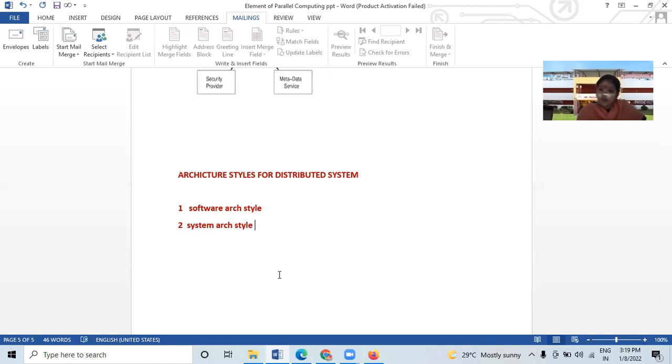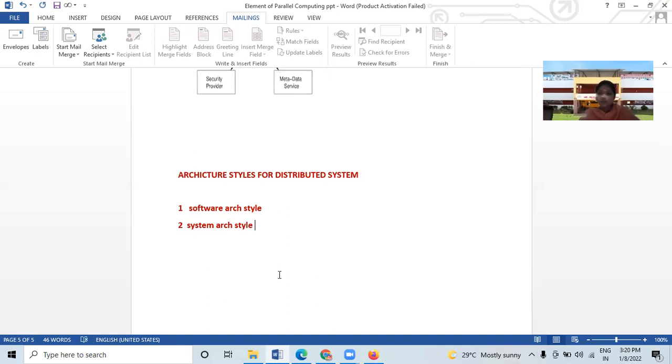So what is the software architecture style? The architecture style is a very specific solution to a particular software, which typically focuses on how the code is organized and created for the software.